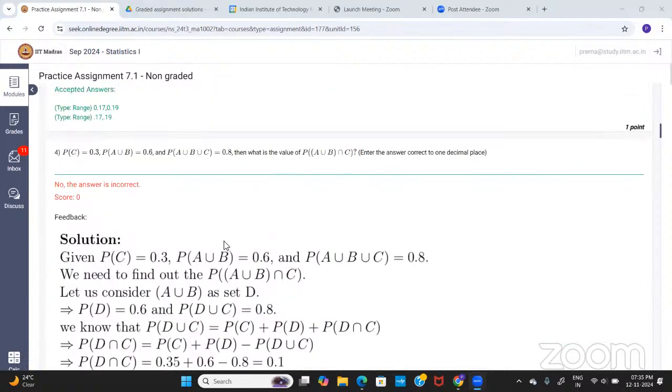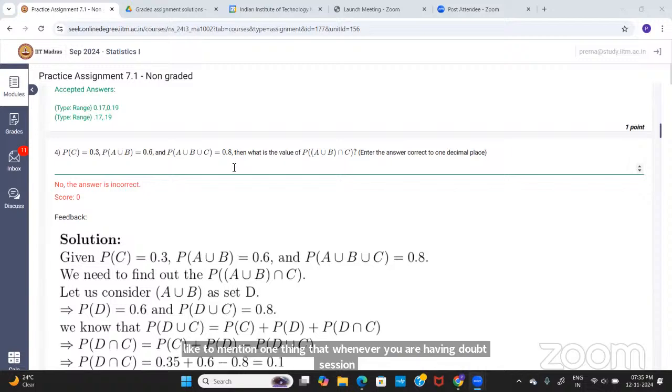Now this will be done, right? I'd like to mention one thing: whenever you are having a doubt session, please try to solve the activities and practice assignment questions beforehand, so that at the time of class, you can ask your doubts.